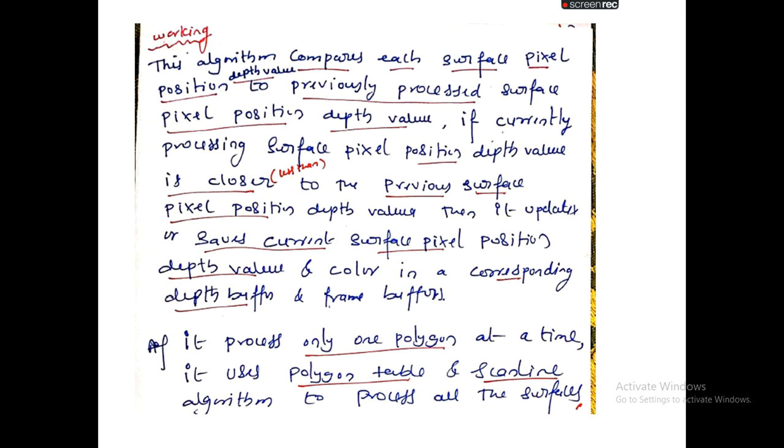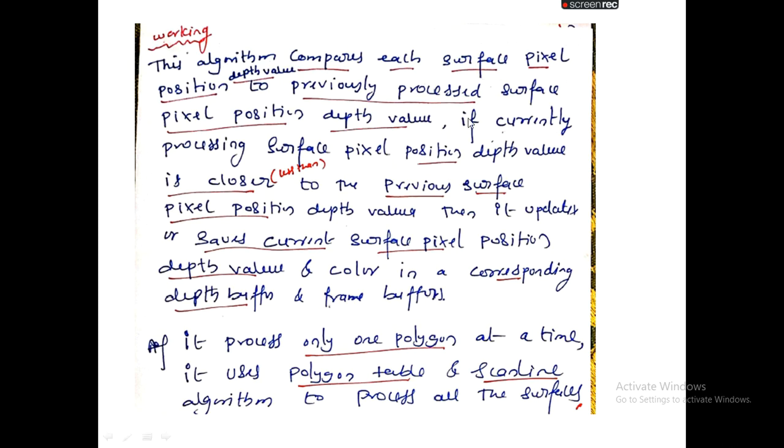Assume that in front of the observer more than one object is overlapping with each other. Then this algorithm compares each surface pixel position depth value to the previously processed surface pixel position depth value. It compares the previous surface's pixel depth value as well as the current surface's pixel depth value.